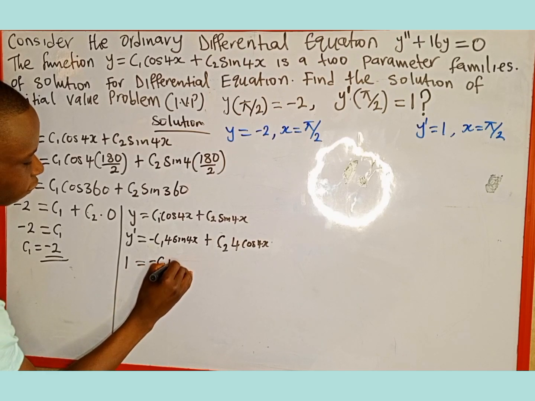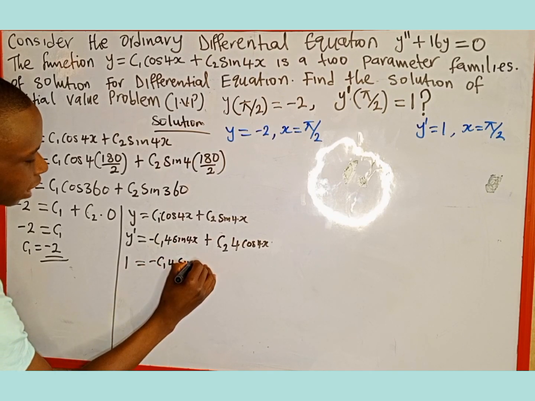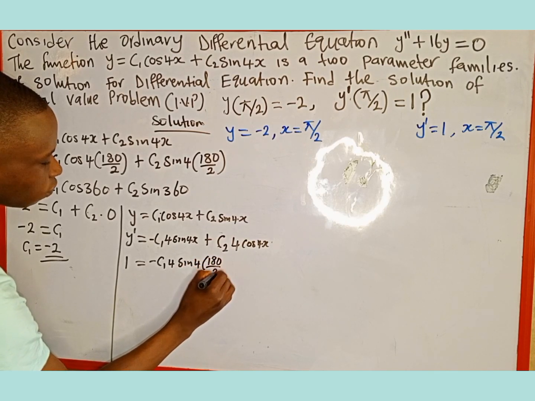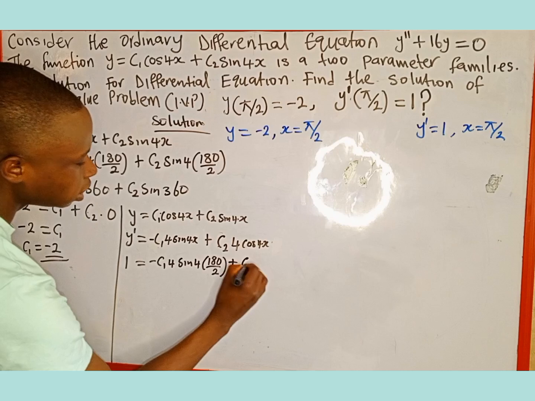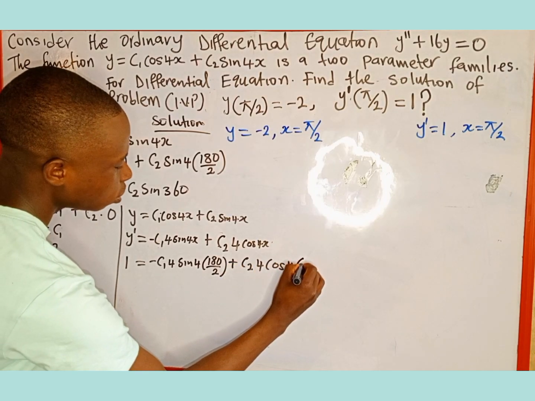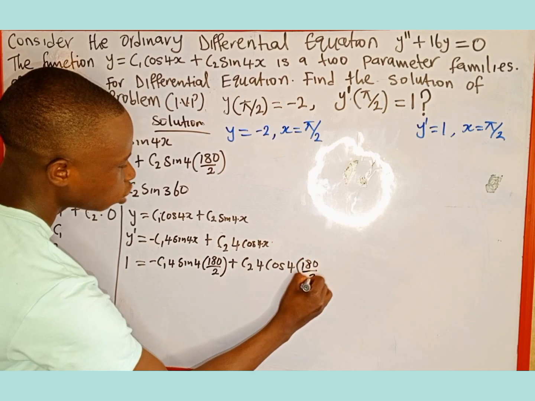1 is equal to minus c1 4 sin 4x, so in place of 4x we put 4 multiplied by 180 over 2, then plus c2 4 cos 4 multiplied by 180 over 2.